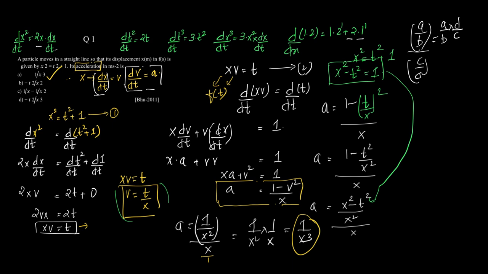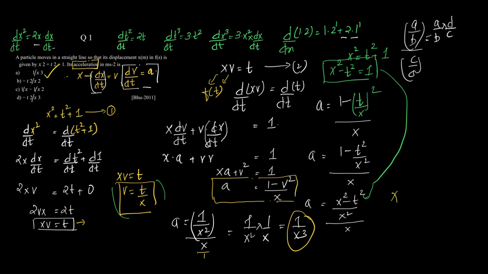Now, if you're looking for a shortcut method, you may argue that since it is given x square as t square plus 1, you can write 2x into v is equal to 2t, and then you may say, since velocity is here, the second derivative should have a component of t or maybe a component of a, and then you try to make rough estimates of powers of a and t, which doesn't make sense here.